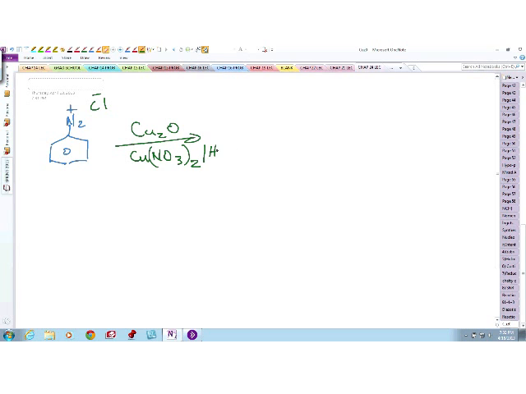Okay. Now, at this point, what are we going to do? What have we done? We have now replaced the amino group with hydroxide. You see the utility of this reaction.